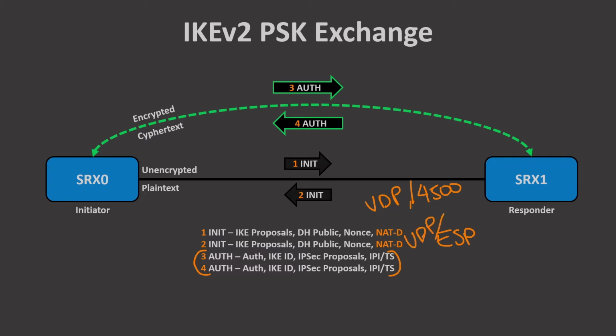A UDP header goes in front of the ESP traffic. And what this does is it is for the purpose of helping the NAT device. Since ESP doesn't have any ports in the layer 4 header, and a NAT overload device is looking for a port in order to translate, it puts the UDP header in front of the ESP header and behind the IP header. That way the NAT device says, hey, there's the port I'm looking for. Now I can make this translation.